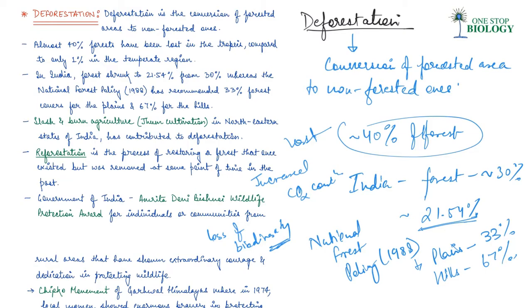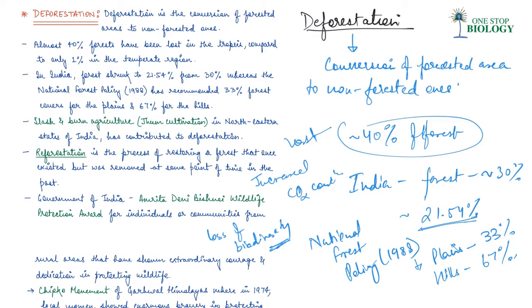Now, guys, reforestation is the possible option through which we can restore the plant. So reforestation basically is the process of restoring a forest that once existed and was removed at some point of time in the past, right? So basically, guys, again here, the government of India. So there was one movement, a very famous movement, which was Chipko movement, right?